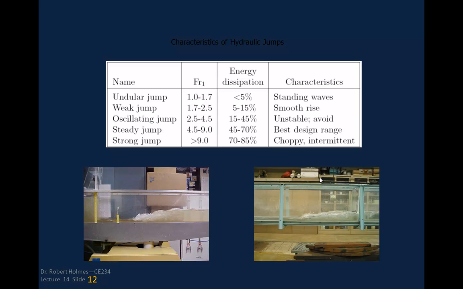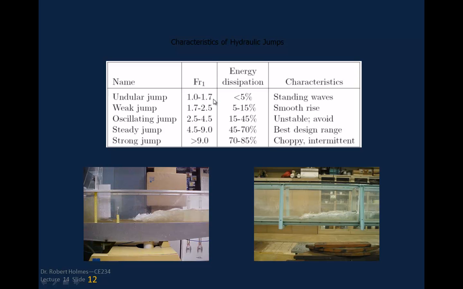If I look at the flume here, I can see that I've got hydraulic jumps here, and we can characterize them, and you'll see this in the laboratory demonstration, or the laboratory exercise that is done as part of the lab portion of this class. You'll be able to see these hydraulic jumps. But we have these various types of hydraulic jumps, from undulate to weak jump to a steady jump to a strong jump. These undulate jumps are kind of moving around a lot.